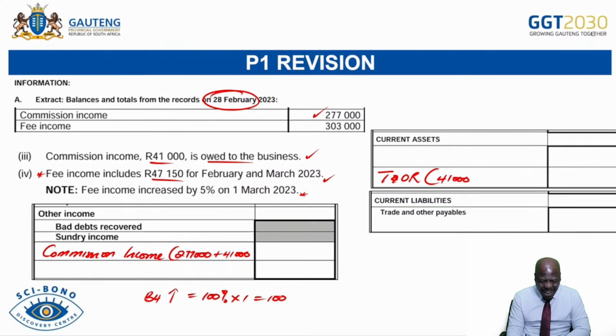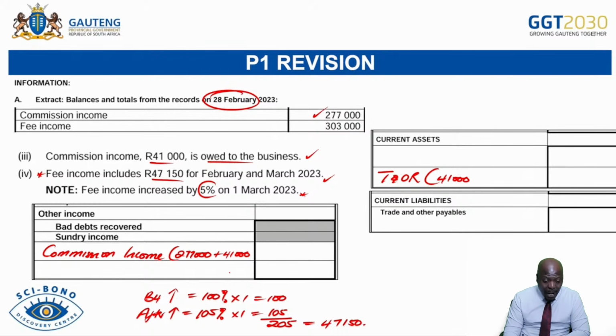So that's 100. You know this method already. And then after the increase, it increased by 5%. So it becomes 105%. For how many months? For 1 month again. So that becomes 105. In total, we're dealing with 205. The 205%, this is equivalent now to the 47,150 that we have received.